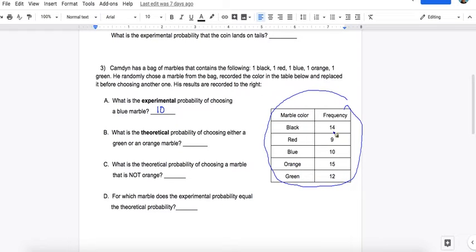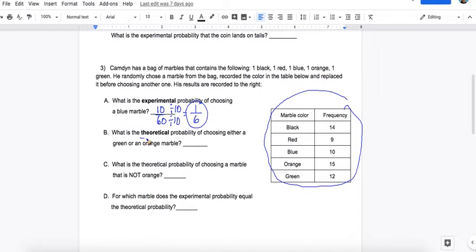It doesn't tell me how many times, so I'd have to add this up. And that, of course, adds up to 60. So it'd be 10 out of 60. But I know that's not simplified. They both end in a 0, so I know that I can divide by 10. 10 divided by 10 is 1, and 60 divided by 10 is 6. So the experimental probability of blue is 1/6.